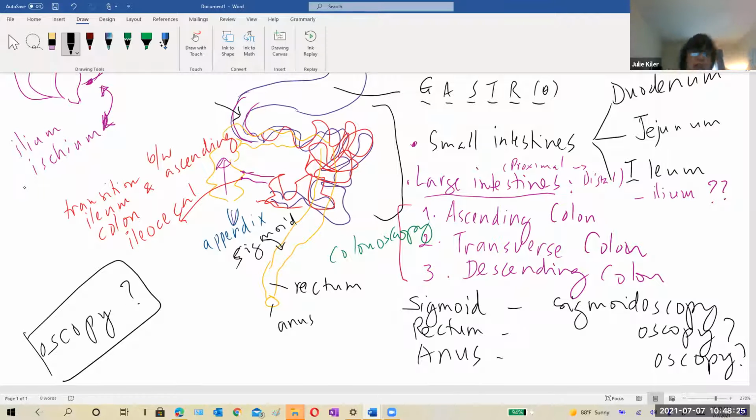Okay, guys, what does oscopy mean? All right, I see chat now. To view something with a scope, yeah? Surgically creating a hole, that is ostomy, yeah?